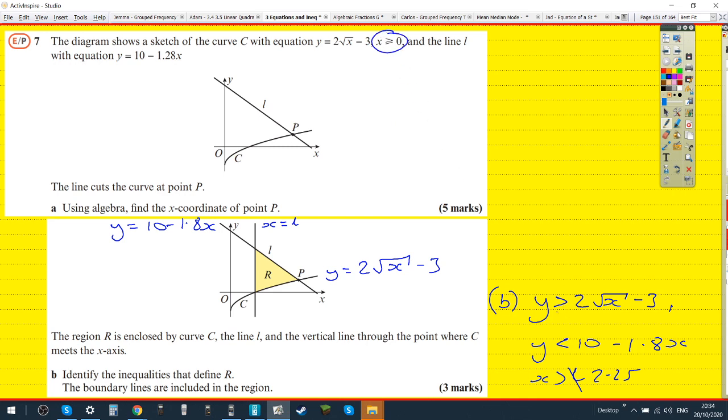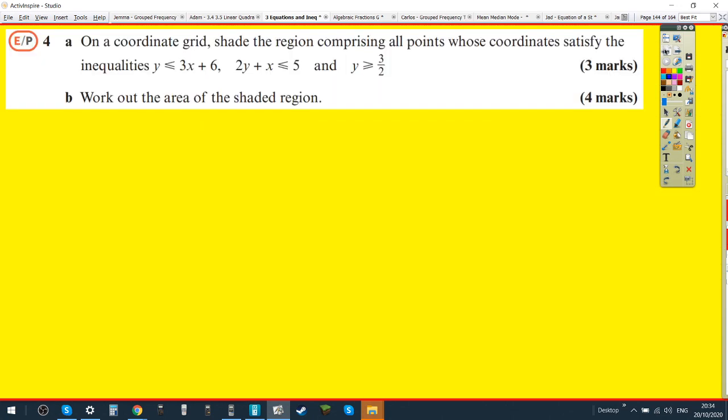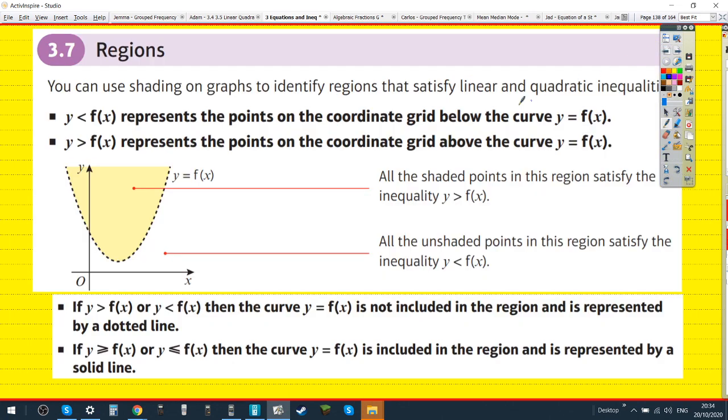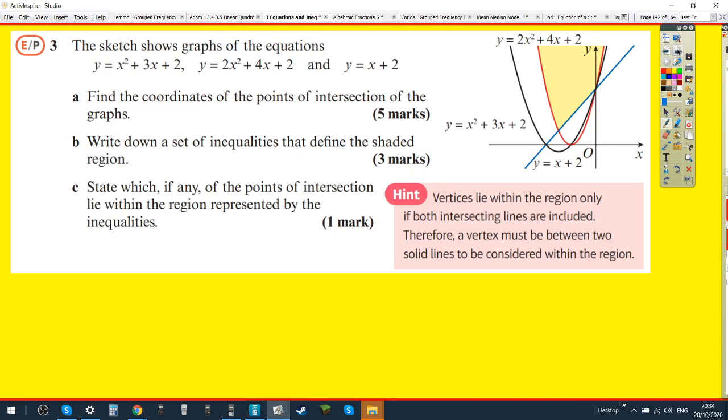Greater than or equal to. Hold on. There's a good reason for that, I think. If I go all the way back: if it's a dotted line, it's greater than or less than. If it's a filled line, it's greater than or equal to, less than or equal to. It seems like they used the filled line almost exclusively.